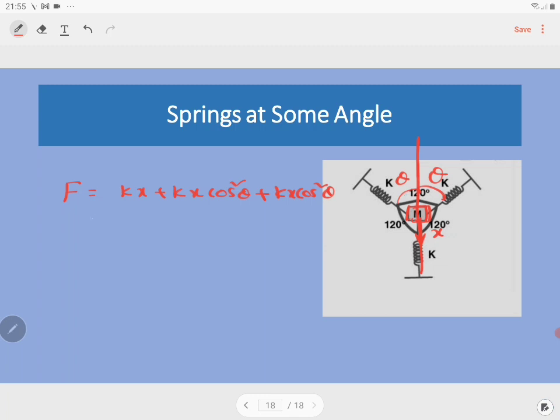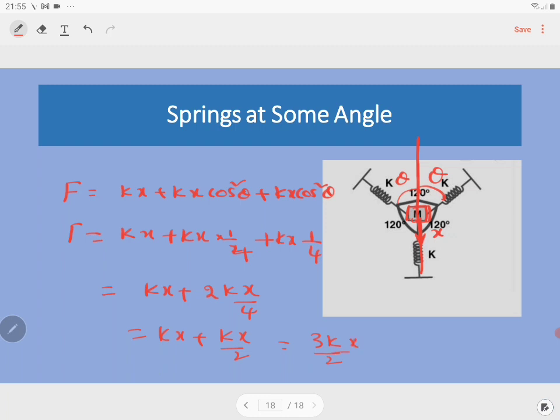Theta is 60 degrees. So F is equal to kx plus kx cos square 60. So cos 60 is 1 by 2, so cos square is 1 by 4. You get here kx plus 2 times kx divided by 4. So that is kx plus kx divided by 2, that is equal to 3kx divided by 2.